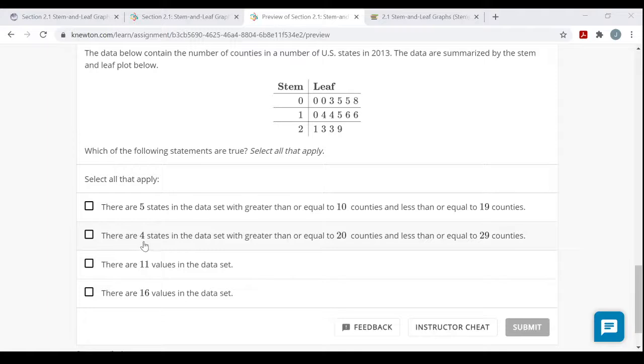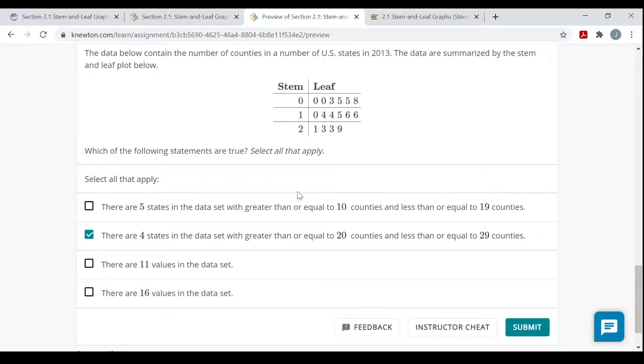There are 4 states from 20 to 29 counties, which, counting the leaves on the stem of 2, is 21, 23, 23, 29. There are 4 numbers from 20 to 29. There are 11 values in this data set. Well, there were 6 from the first row, 6 leaves. The number of leaves is the number of values in the data set. There were 6, 6, and 4.